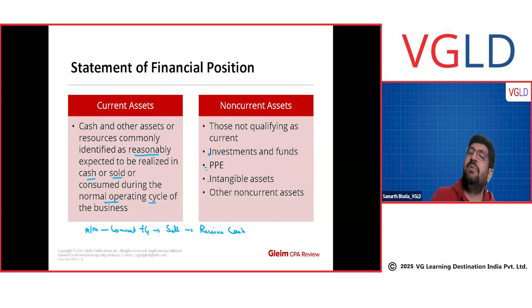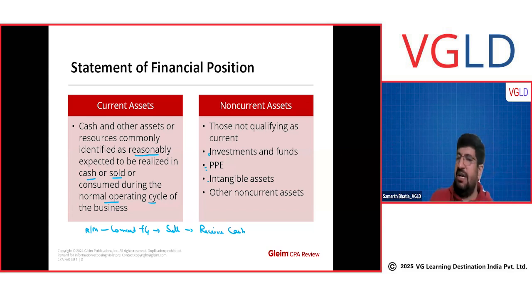But even if the operating period is more than 12 months, it is still treated as a current asset. It can't be treated as a non-current asset. Like, you have a clear idea that the inventory you are purchasing you'll be keeping for the next 15 months. Still you can't treat it as non-current; you have to treat it as a current asset because the operating cycle is more than 12 months.